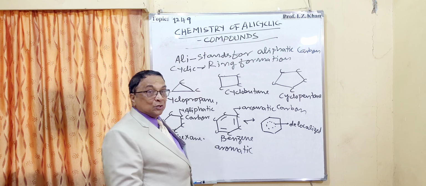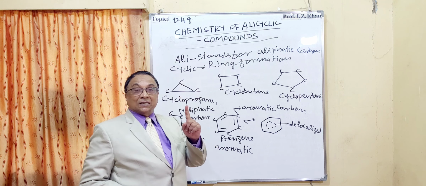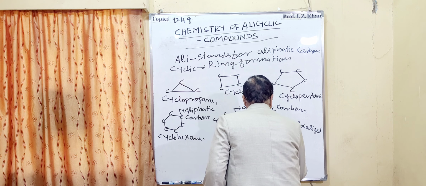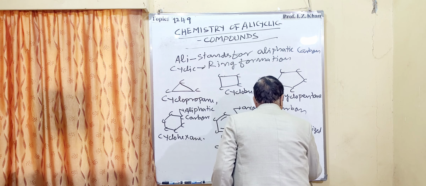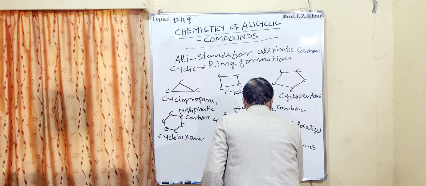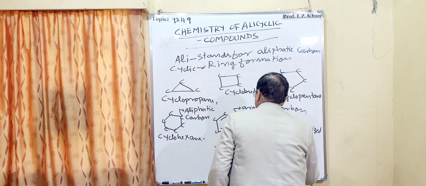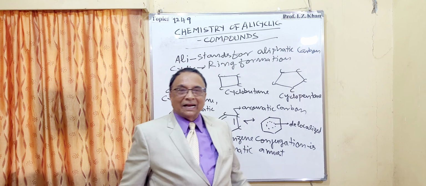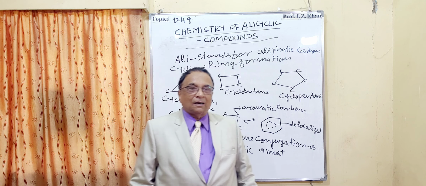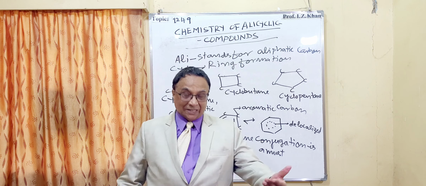Where there is conjugation. Conjugation is a must. Conjugation means there are two type of double bonds, possibilities of double bond.